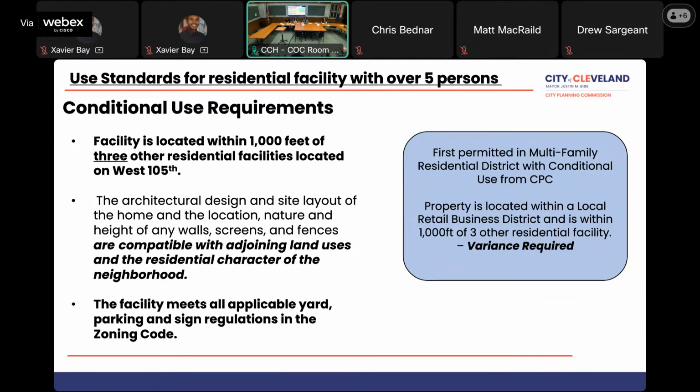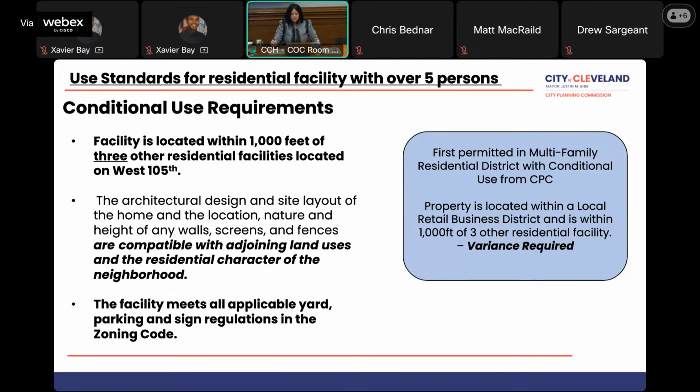Just to clarify, if it was in a multifamily district, there's a chance they would not have to go to a vote if they met requirements, but they would have to come here. We are required 6 and over regardless, even if they meet all the requirements. Correct.